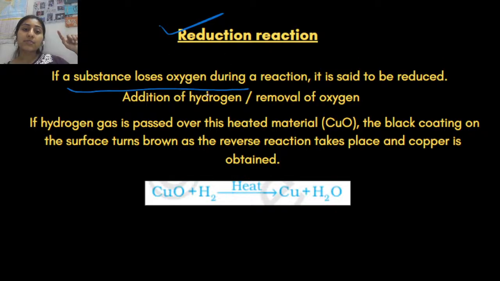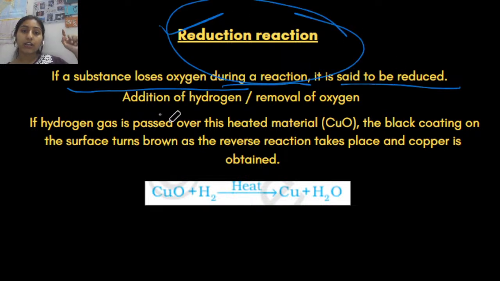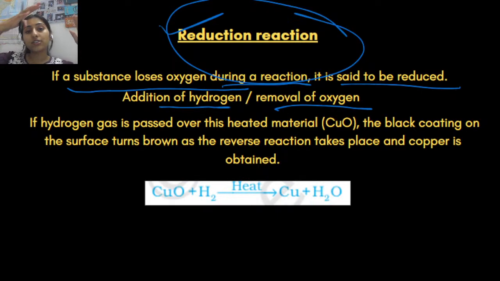If a substance loses oxygen during a reaction, it is said to be reduced, and the reaction would be regarded as a reduction reaction, right? So there would be an addition of hydrogen and removal of oxygen. In the oxidation reaction, there was addition of oxygen and removal of hydrogen. Opposite to this, in reduction reaction, there would be addition of hydrogen and removal of oxygen.